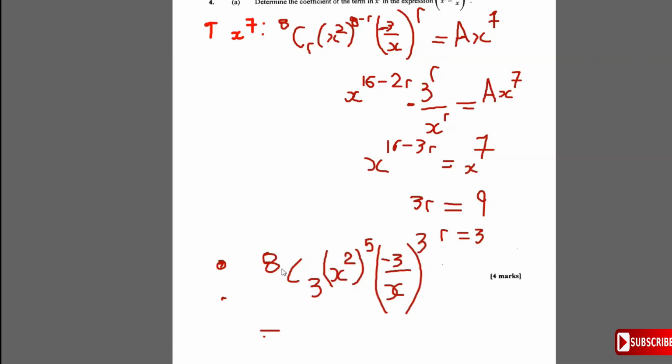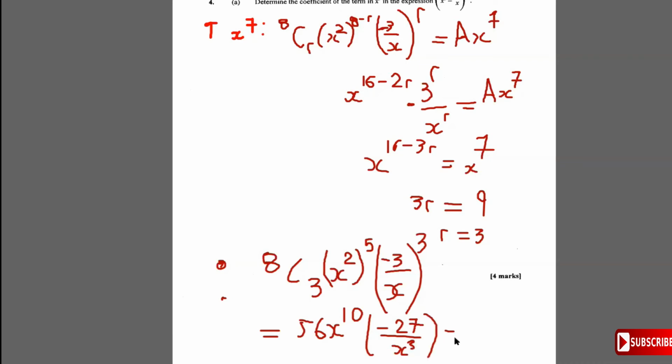So 8 choose 3 is 56. So this is 56 x to the 10th power times minus 3 cube, which is minus 27, over x cubed.